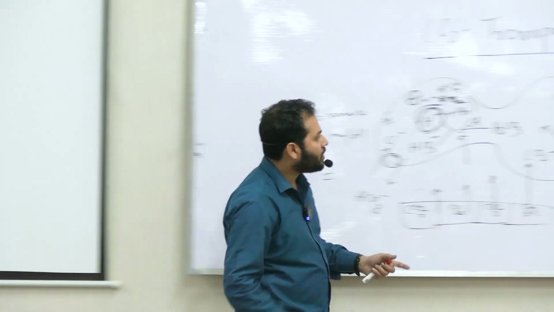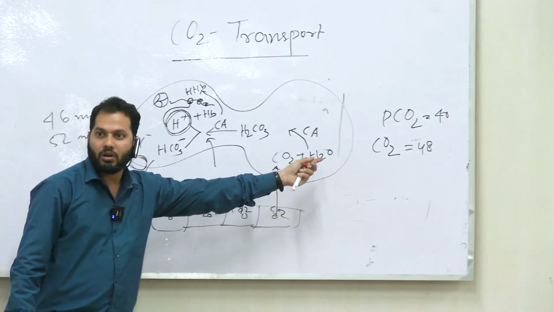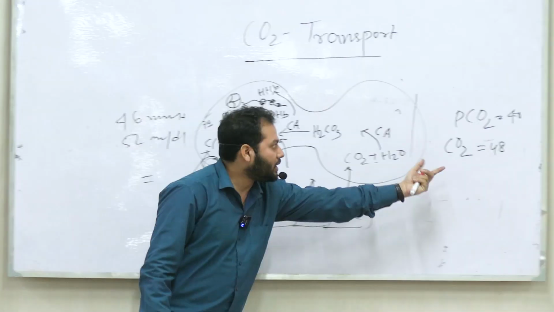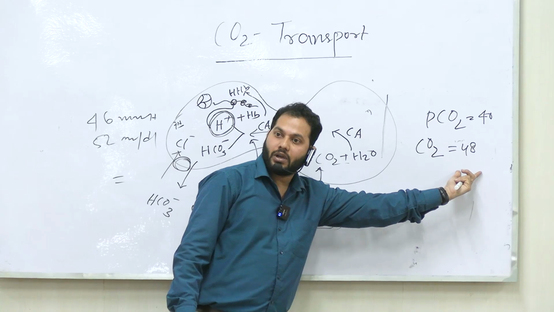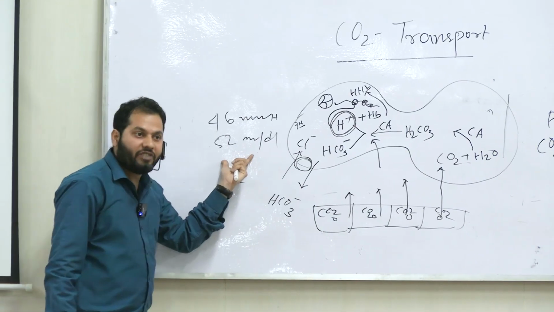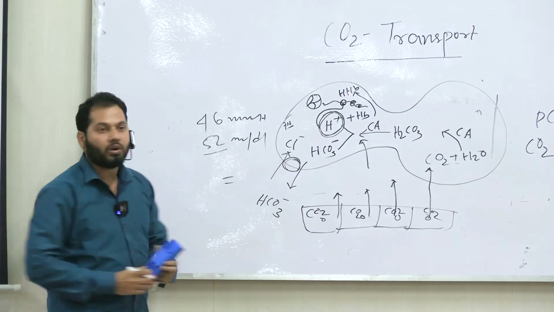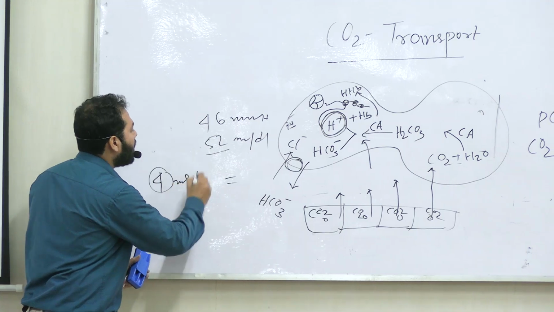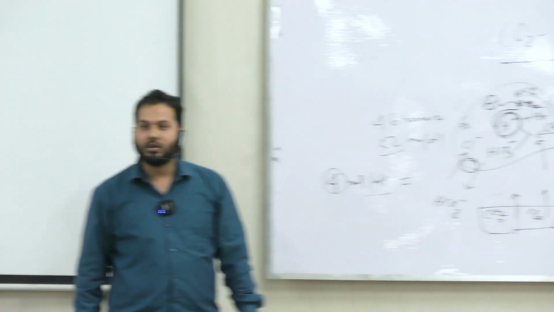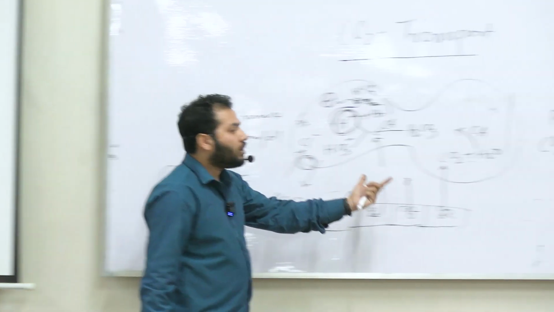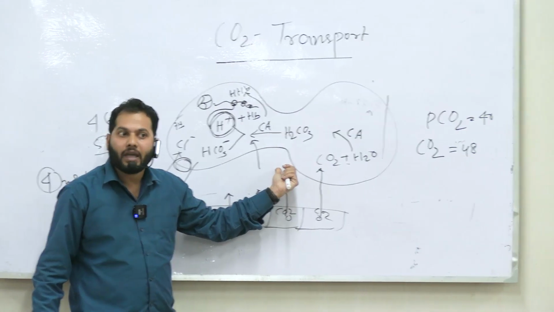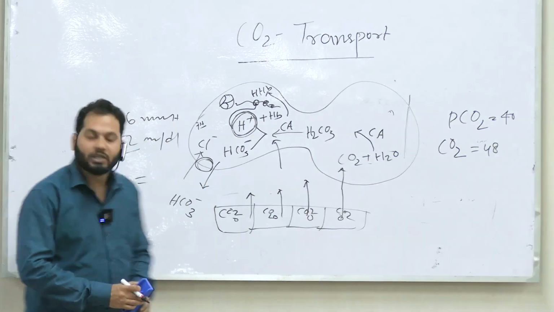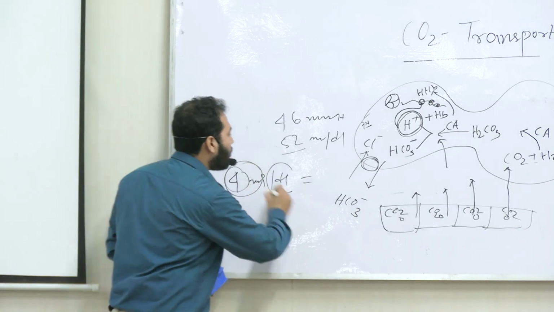Now see, whenever blood passed through the capillaries, here in the arteries, the content was 48, but when it reached the vein, now content is 52, right? There is an addition of 4 ml per deciliter of blood. It means the bicarbonate system carries 4 ml per deciliter of blood.